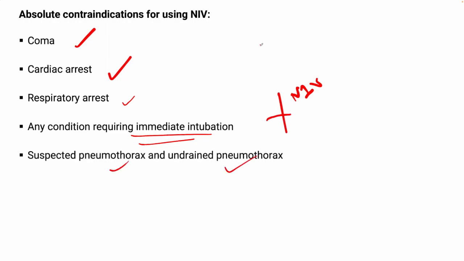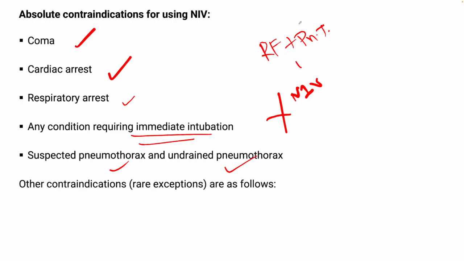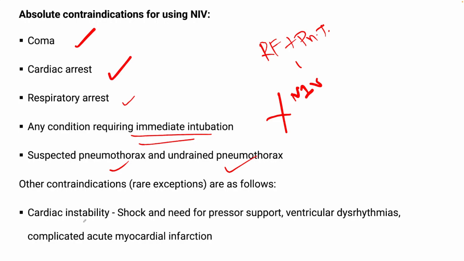So remember, if any patient has a history of respiratory failure associated with pneumothorax, then never go for NIV. Other contraindications, which are rare but you can still see, are cardiac instability, that is shock and need for pressure support, ventricular dysrhythmias, that is the heart rhythms are disturbed, and complicated acute MI. In these conditions also you cannot go for NIV.